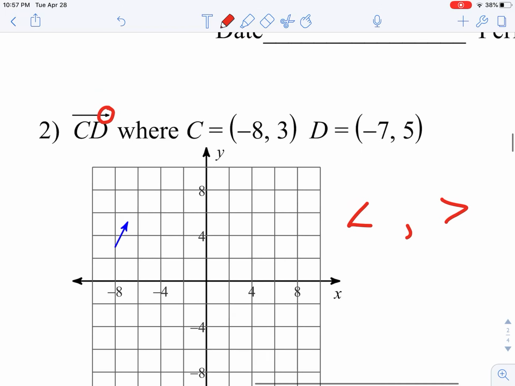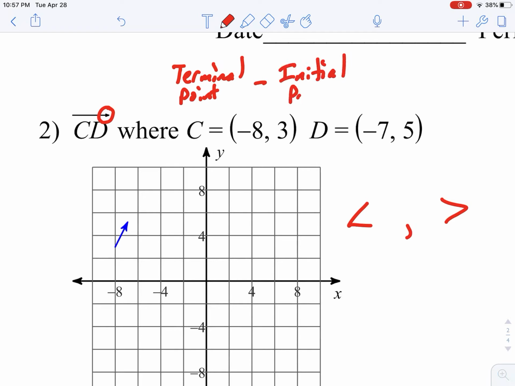You do, I'm sorry, I'm about to write that backwards. Watch me screw it up anyway. Terminal point minus initial point. And that does it. So the terminal point is D, so -7, 5, and we're going to minus -8, 3.